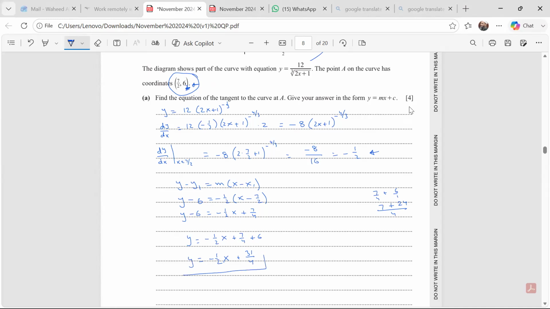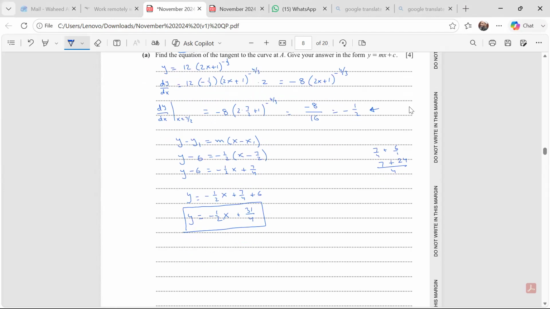This is the equation of the tangent line at this particular point. I hope this is all clear.